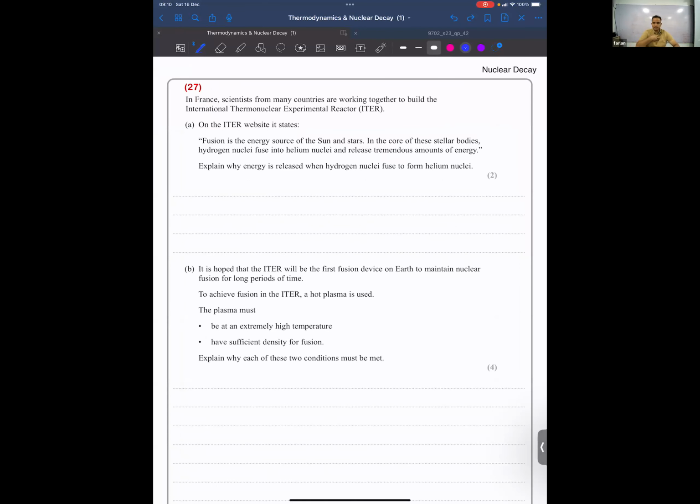In astrophysics, we will learn about it in detail. Artificially, it's very difficult to make a nuclear fusion reaction take place. For a nuclear fusion reaction to take place, you need really high temperature and pressure values.